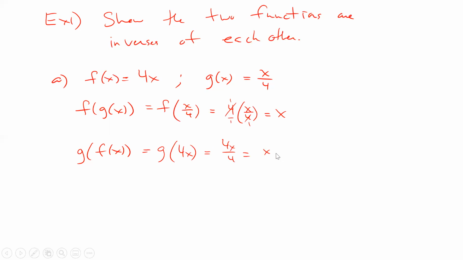Everybody good on this one? Can you prove to me that these two functions are inverses of each other? f of x being 5x minus 2, and g of x being, how about, 5 over x plus 2?